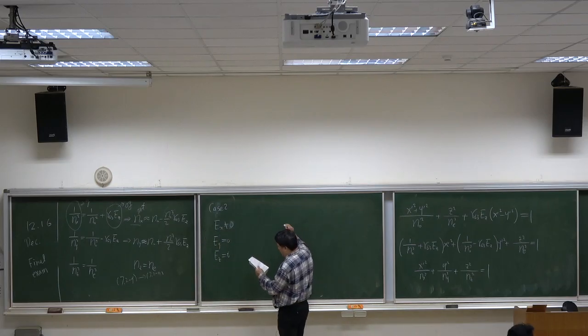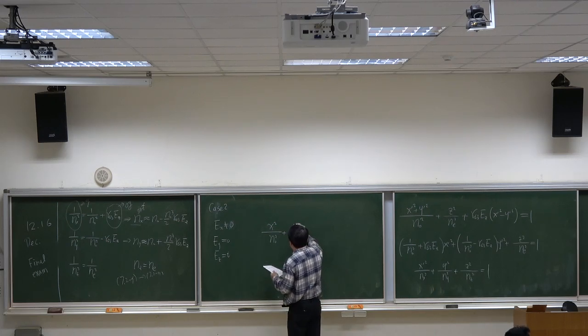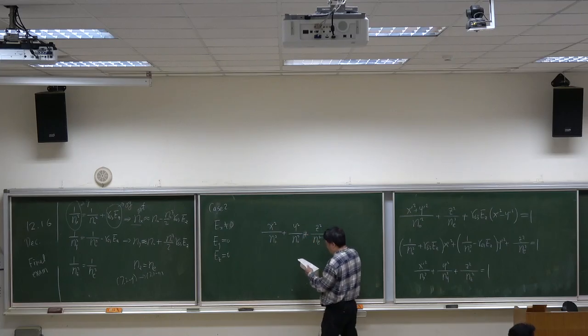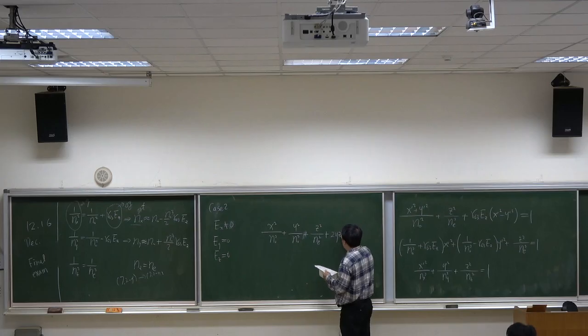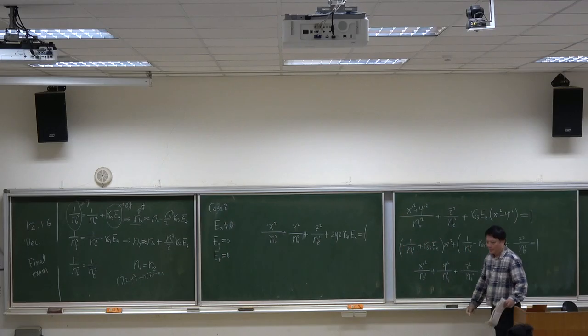Then now we have to consider x squared over no squared plus y squared over no squared plus z squared over ne squared plus 2yz r41 Ex equal to 1.